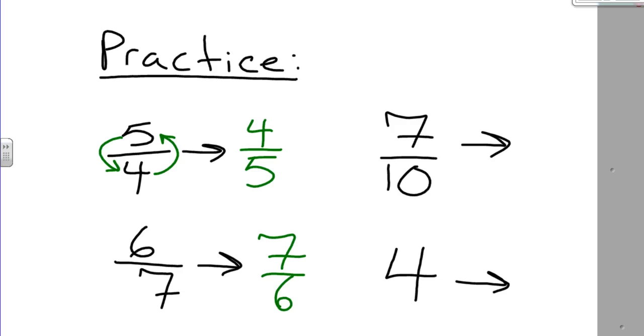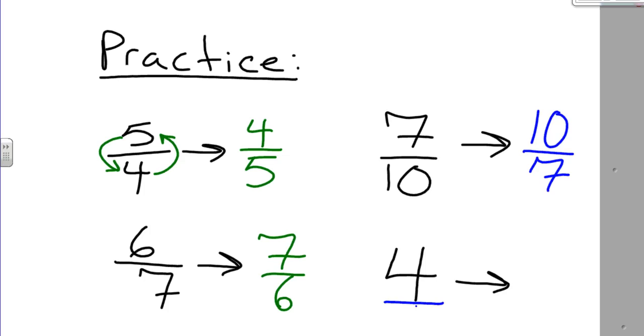Here we have some more practice problems. What did you get for the third one? 10/7 is correct. And the last one, this is pretty tricky. Remember, 4 as a whole number can be written as 4 over 1. So the reciprocal is 1/4.